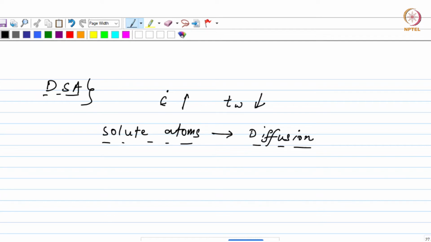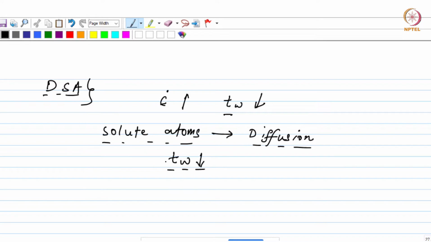So it is obvious that if you have less time, then the solute atoms will find it difficult to catch up with the dislocations. If the waiting time for the dislocations is less, that means they are moving faster, so the solute atoms will find it difficult to catch up with them.